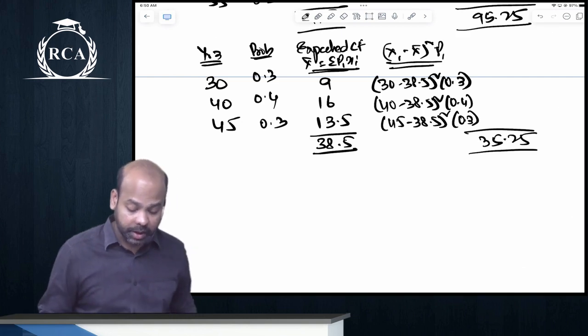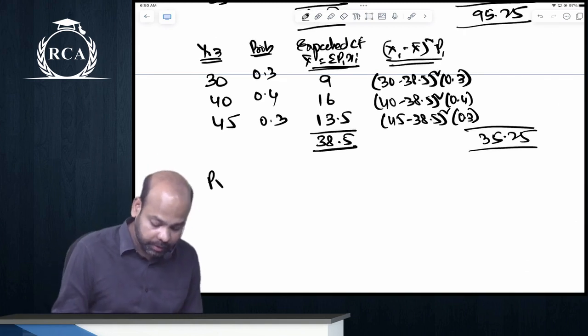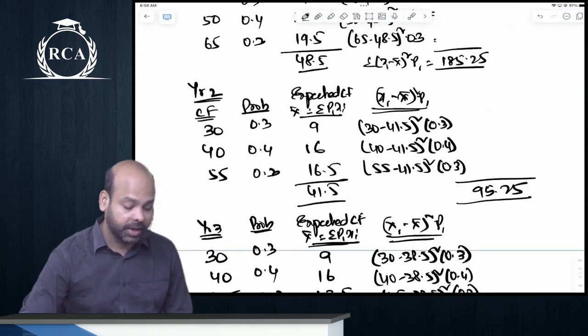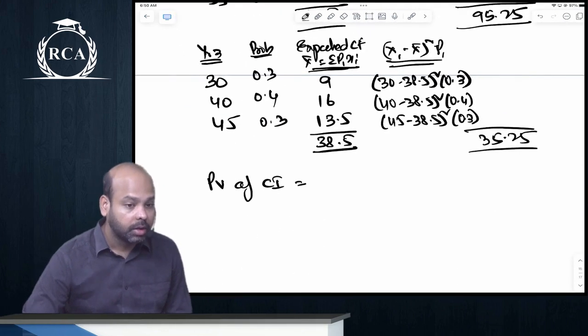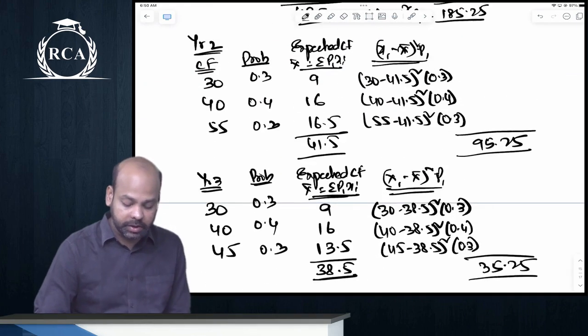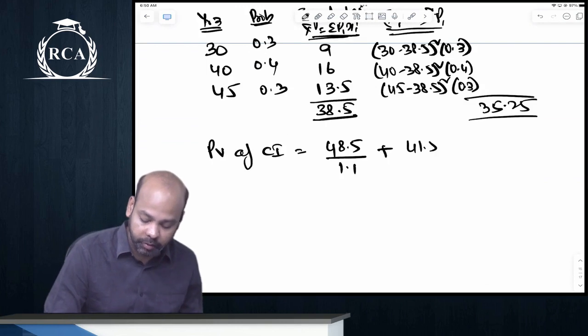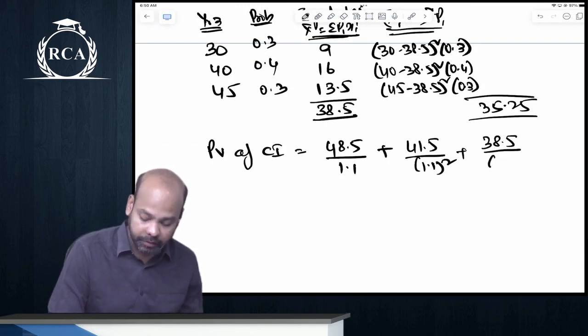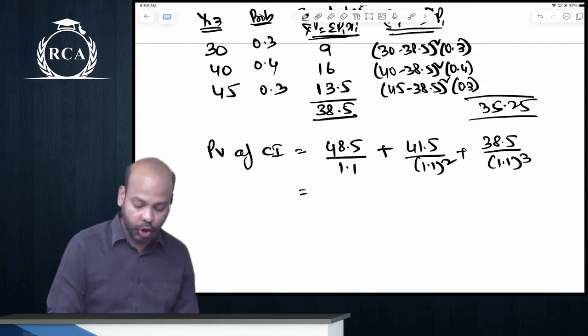You know the discounting rate guys. Can you now compute NPV beta? Present value of cash inflows beta. First year का expected cash flow कितना था? 48.5. That divided by 1.1. Second year का expected cash flow beta was 41.5 divided by 1.1 whole square. 38.5 divided by 1.1 whole cube.